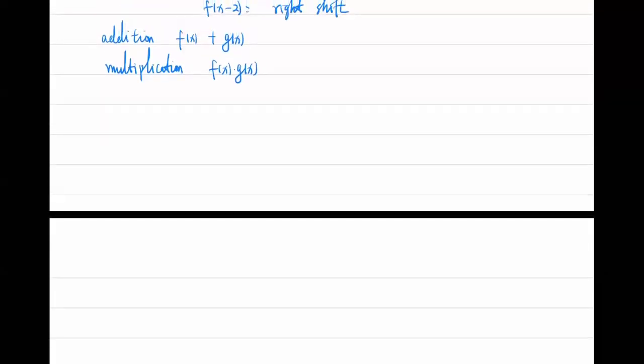A new operation for the function is the composition. Given two functions, we can compose them if the domain matches. And we introduce a notation for this, f compose g of x. So it defines a new function.